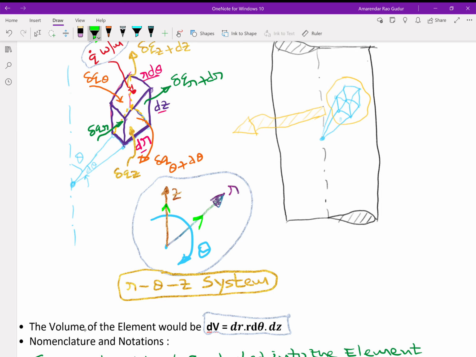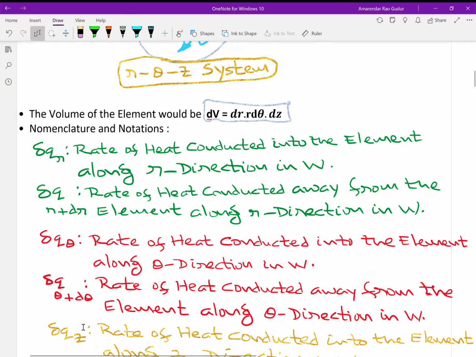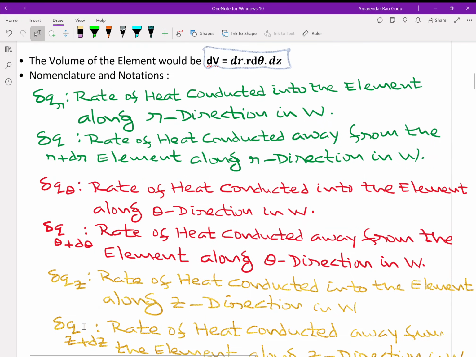And del q theta is the rate of heat conducted into the element along theta direction, and del q theta plus d theta is the energy that is getting out from the element along theta direction, which is shown by this orange color. And this yellow colored lines indicates the rate of heat conducted into the element along z direction, that is del qz, and del qz plus dz is the rate of heat conducted away from the element along z direction.